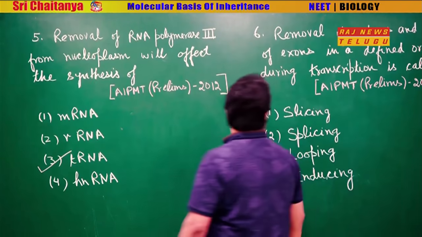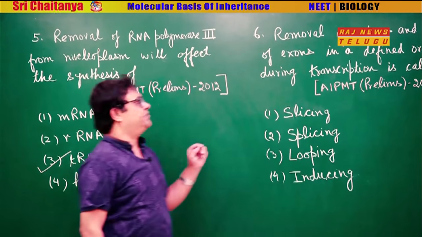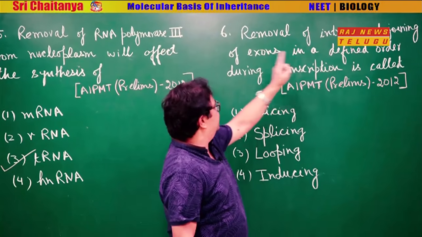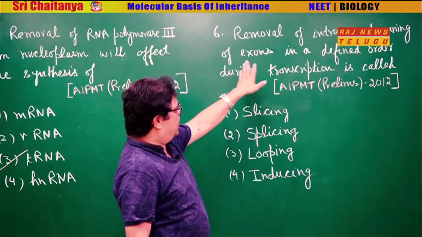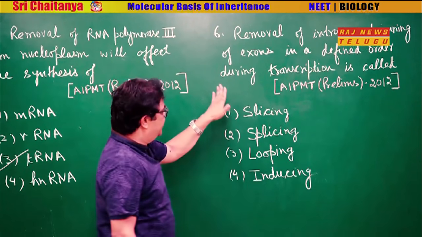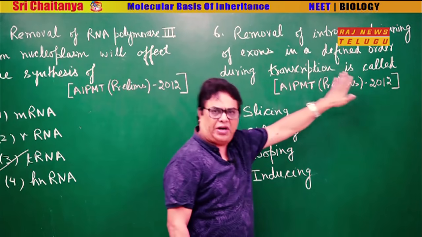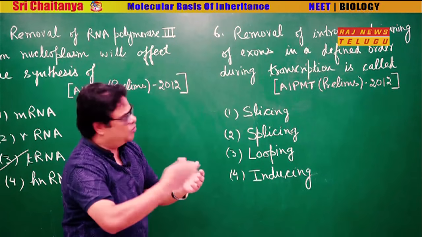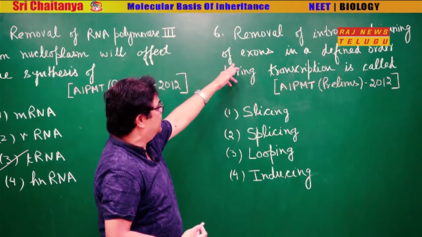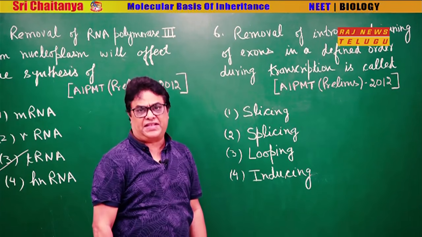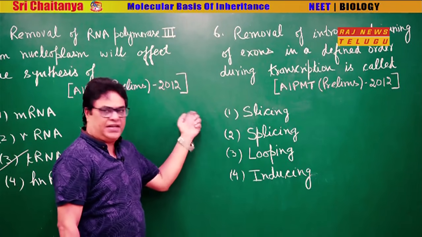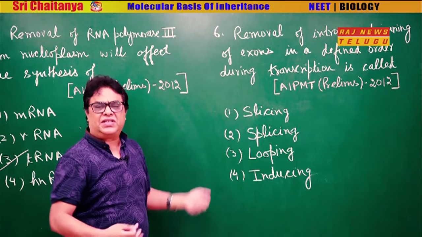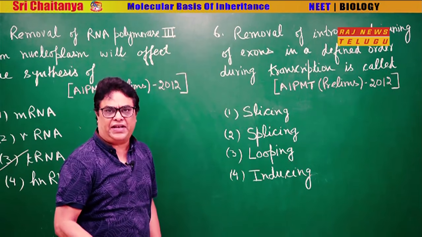Now, coming to our next question: removal of introns and joining of exons in a defined order during transcription is called. We have just studied that the removal of introns and joining of exons is called splicing. But children, you see here, the examiner has given the options very judiciously, because in the examination hall we are in a bit of a hurry.